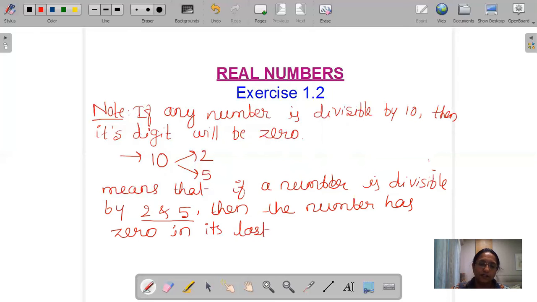If you know this, then you'll understand the problem. That is fifth problem. You can write down this. This is one important note.